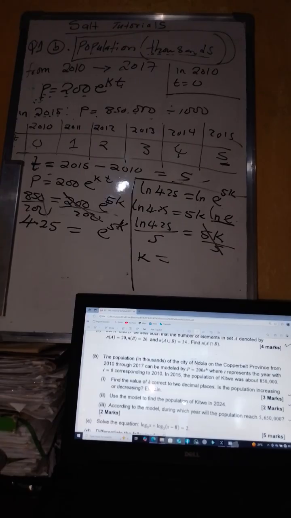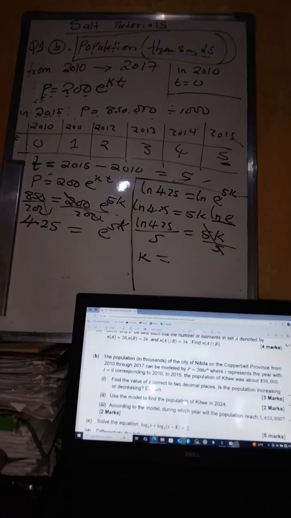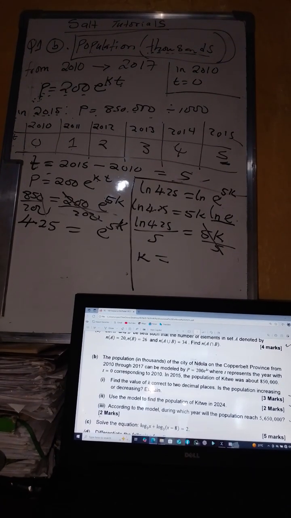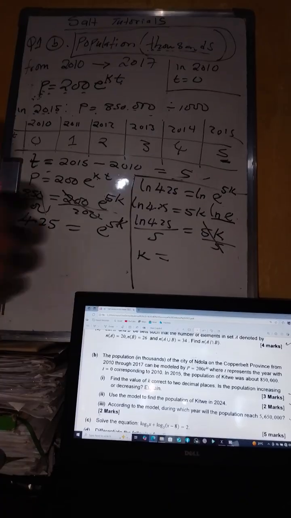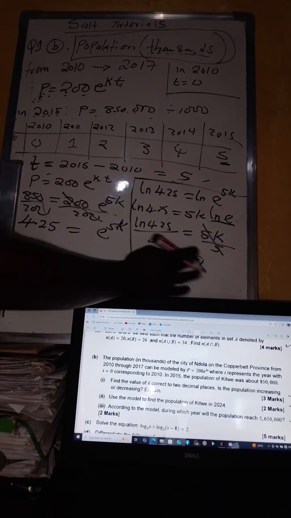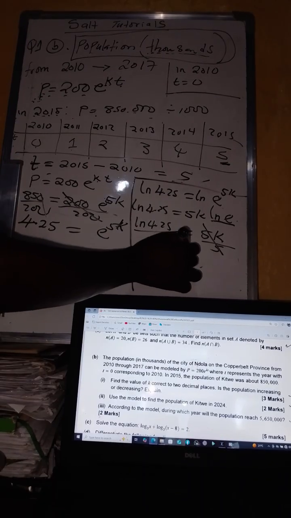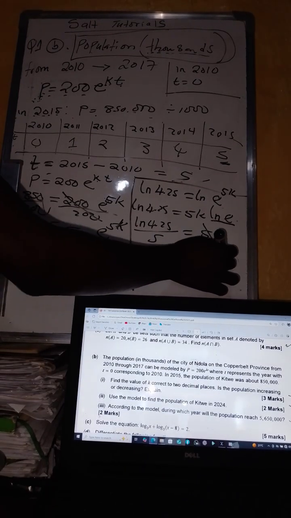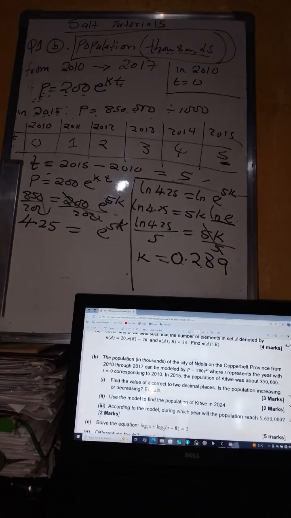Okay. So natural log of 4.25 divided by 5. Confirm. I don't trust this calculator which I'm using. So according to this, the value of K which I have is basically 0.289.